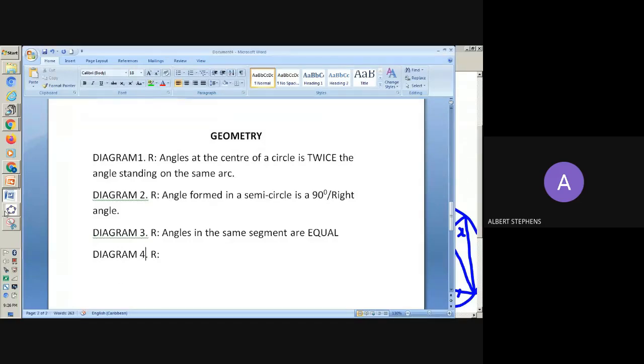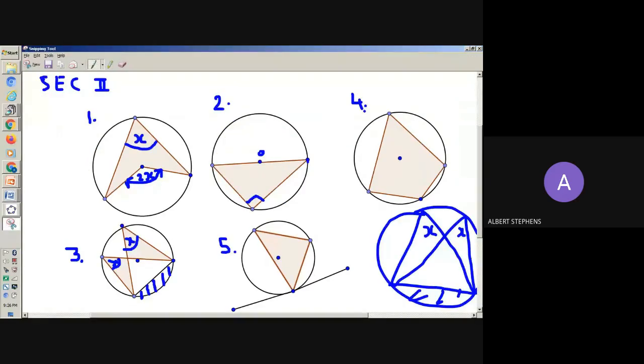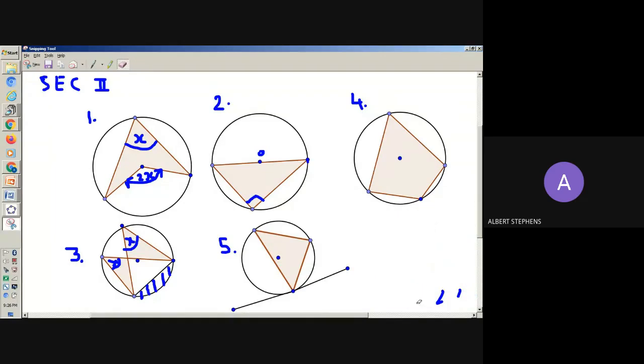All right. Let us look at diagram 4. Now, question, class. What type of figure is inside that circle? How many sides does it have? 4. So how does a quadrilateral behave in a circle?